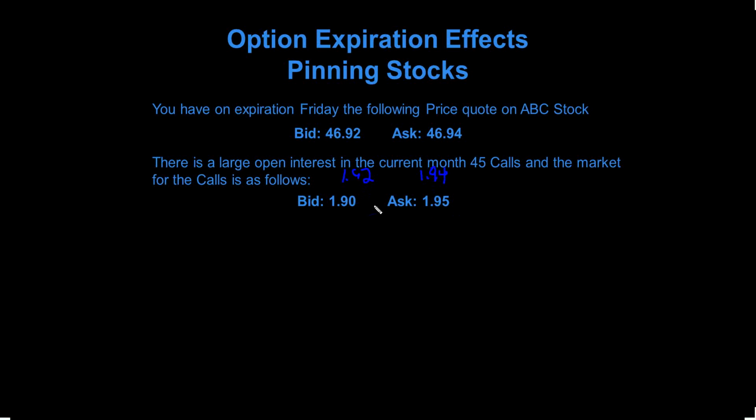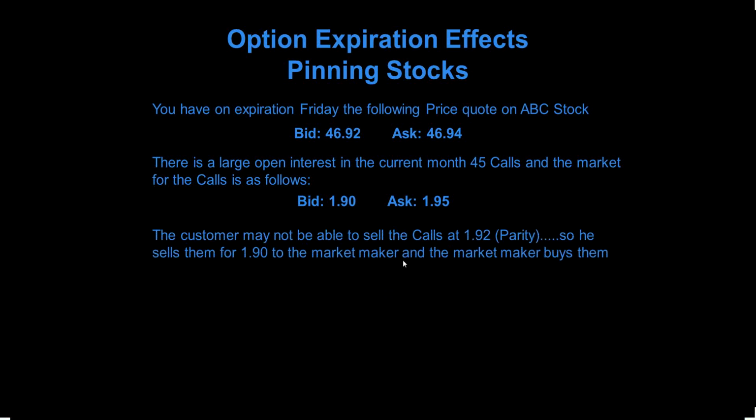You can try and split the difference, but you're probably not going to get $1.94. So what most people do is you'll sell the calls, probably for $1.90 at the bid. Remember, that's the sell, that's the buy. So you're going to sell them to the market maker at $1.90.